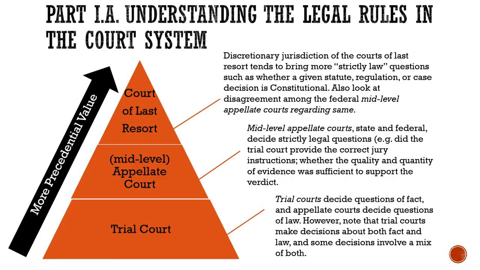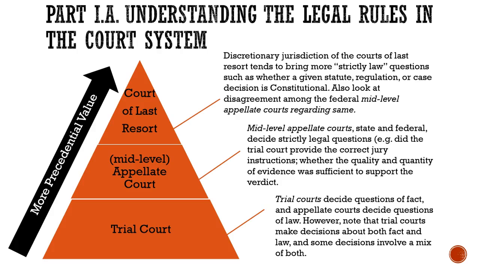So if one circuit, the federal First Circuit has, we saw this in family law, constitutional matters like same-sex marriage. All these states had come up with their own decisions about the Defense of Marriage Act and whether that is constitutional or not.